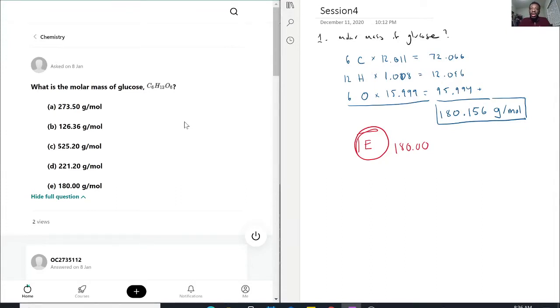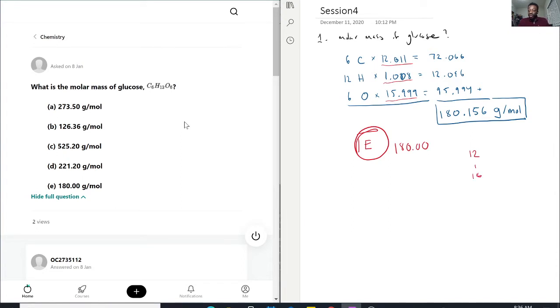How did they get it? What they probably did here was they rounded the carbons to 12, the hydrogens to 1, and the oxygens to 16, considering that some periodic tables do have that.